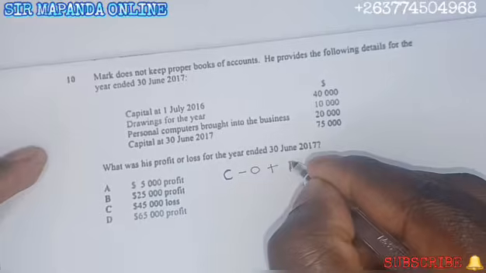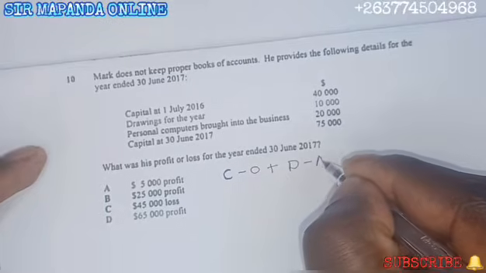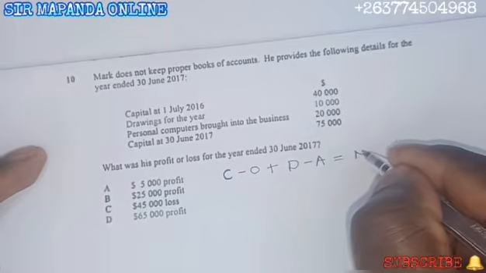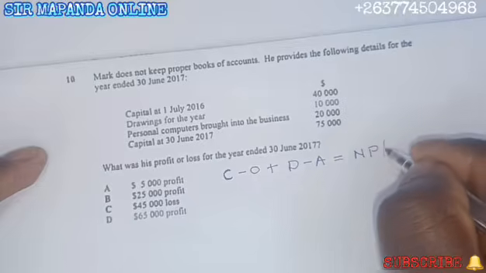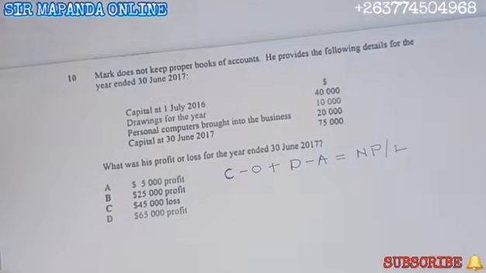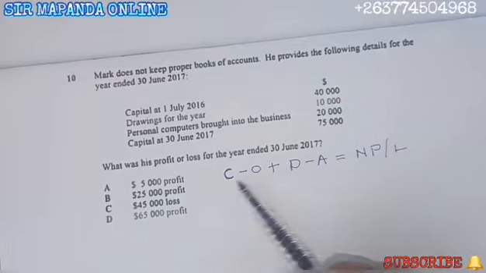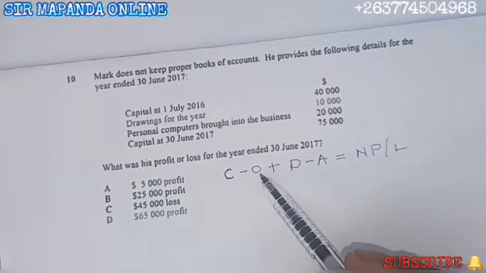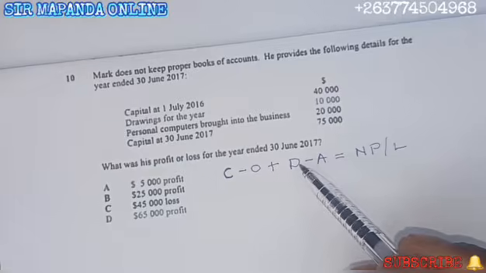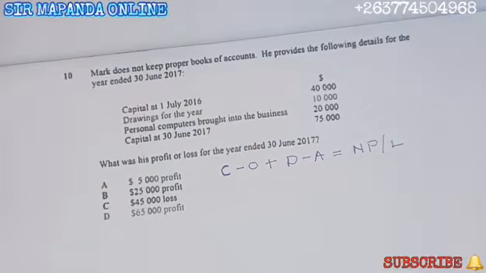I refer to it as the CODA formula. It helps you to calculate the net profit or loss required. C stands for closing capital. O stands for opening capital. D stands for drawings, and A represents the additional capital.